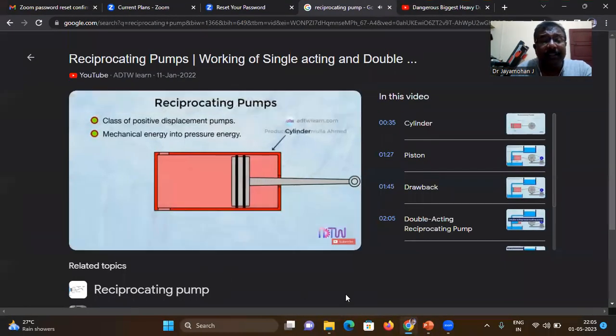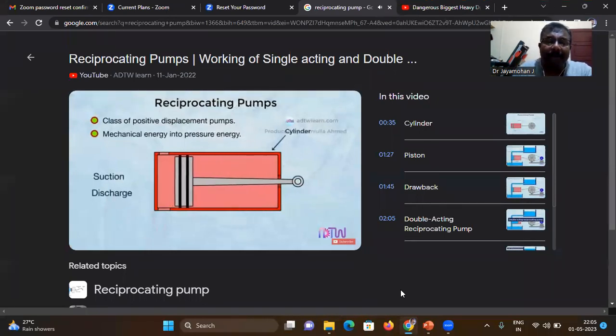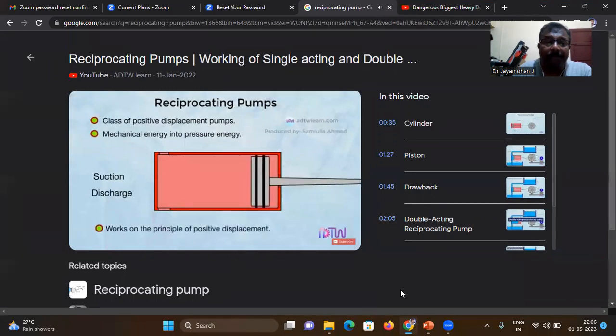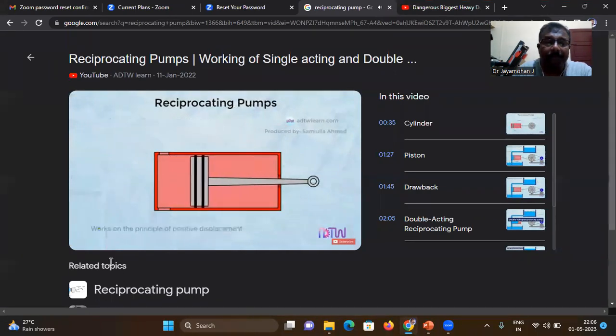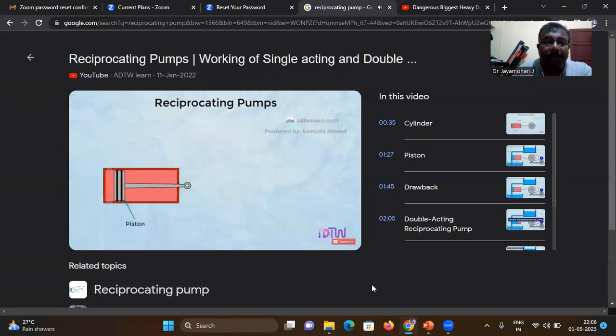You can see inside the cylinder, and this motion accomplishes the suction and discharge of liquid. The reciprocating pump works on the principle of positive displacement. It consists of a piston that moves back and forth inside the cylinder. The piston is connected to a crankshaft with the help of a connecting rod.